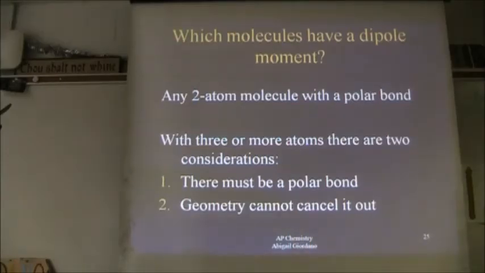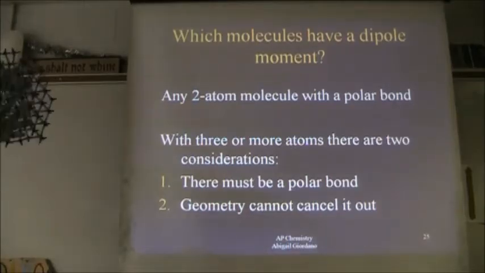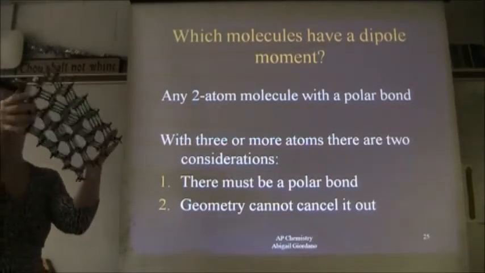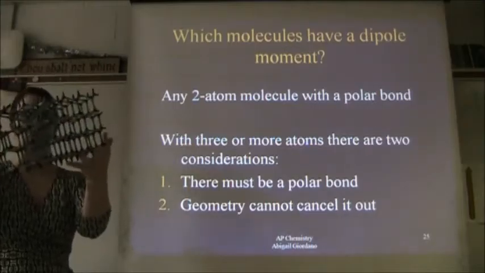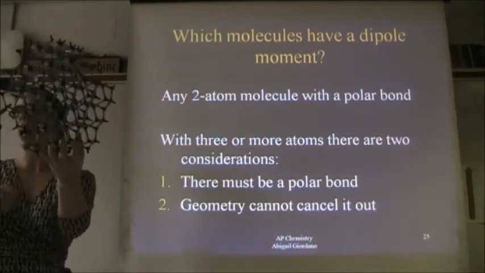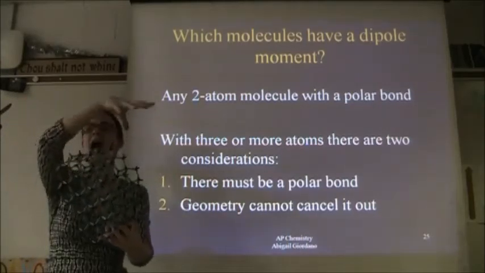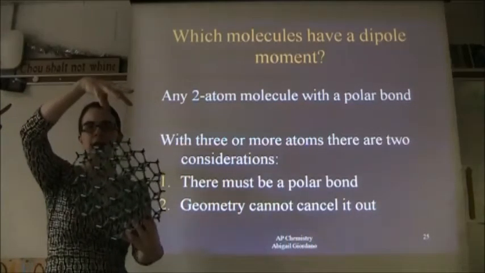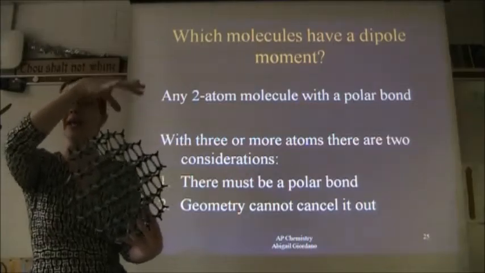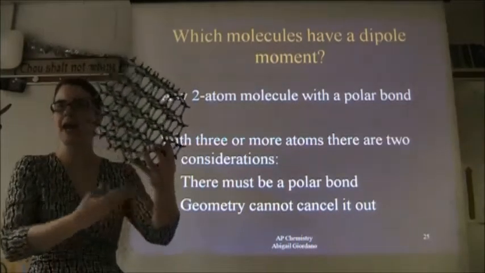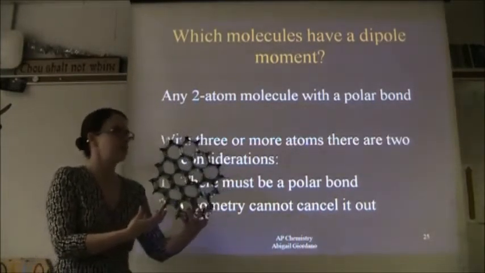So, for example, if I have this whole thing, this is a big whole molecule. If I say, is the molecule polar, what I'm really asking is, does one side of the molecule have an overall more negative charge and the other side a more positive charge?